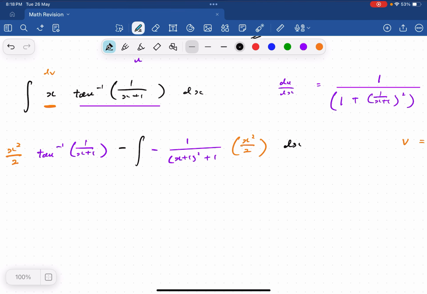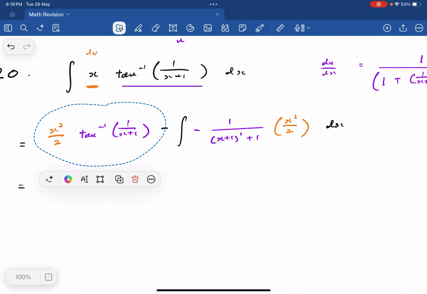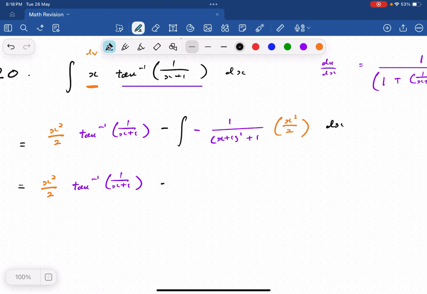And now let's integrate. I'm just going to copy this over because I'm lazy. I'm going to choose to take this half out, and I'm going to express this as just x squared over x squared plus 2x plus 1 plus 1, that is x squared plus 2x plus 2, dx.